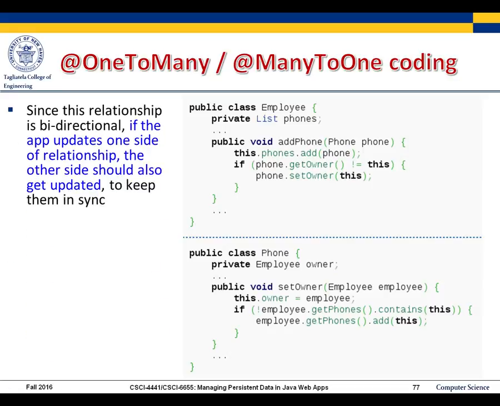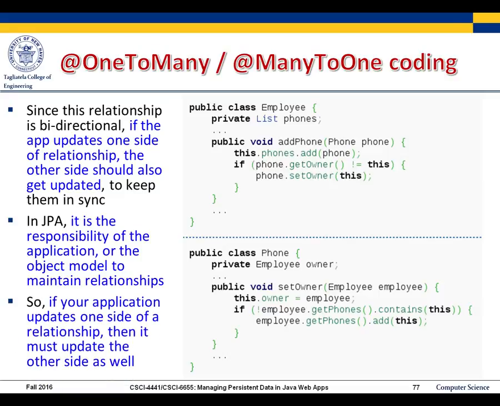Here's another example where it's bidirectional. The thing I wanted to point out is that in a bidirectional relationship, if the app updates one side of the relationship, then the other side needs to update, otherwise you're going to get out of sync.